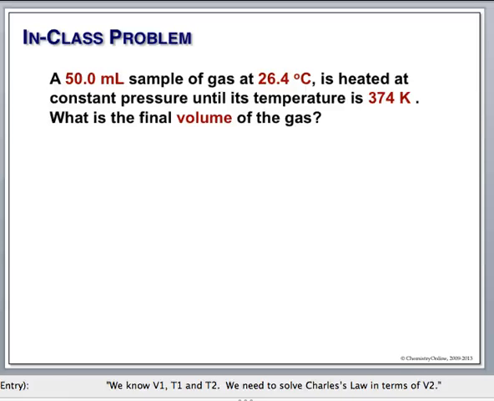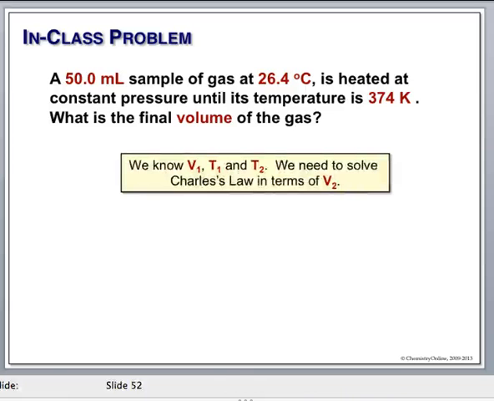All right, we are heating our sample up. So step one, the mental game you want to play here: you're heating it up, you expect your volume to get larger, don't you? Yep. So when you work your problem, just make sure that the final volume's a bigger number, so you haven't set it up wrong.